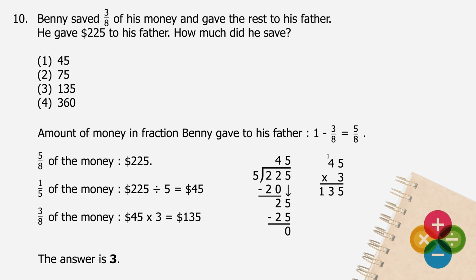The fraction of money Benny gave to his father will be subtract 3/8 from 1, and the difference is 5/8. 5/8 of the money will be $225. 1/8 of the money will be divide $225 by 5, and the quotient is $45. 3/8 of the money will be multiply $45 by 3, and the product is $135. The answer is 3.